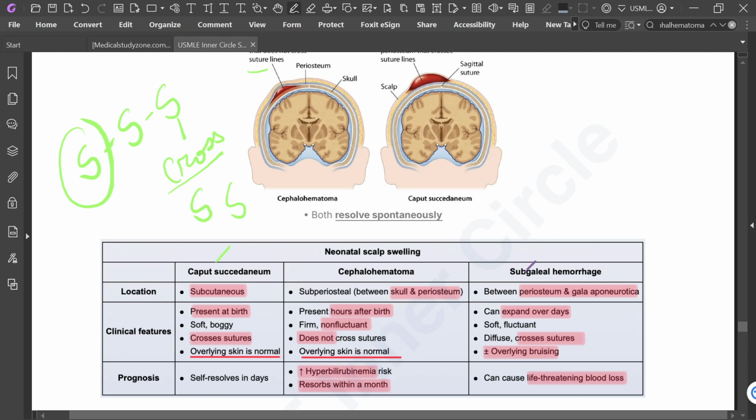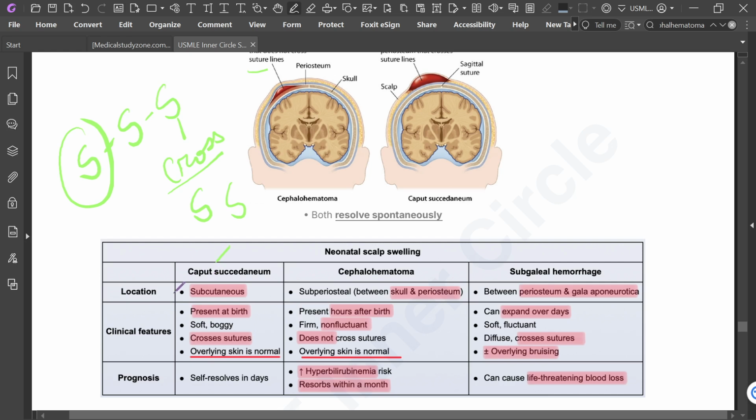And this is subgaleal hemorrhage, between the periosteum and the galea aponeurotica. It can expand over days. It is soft and fluctuant.